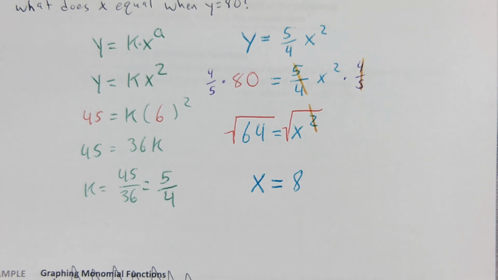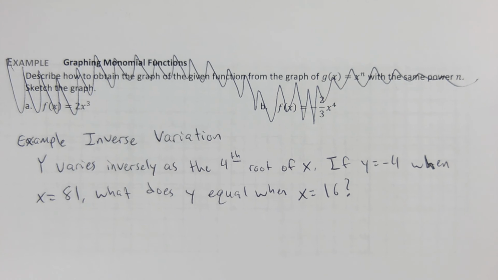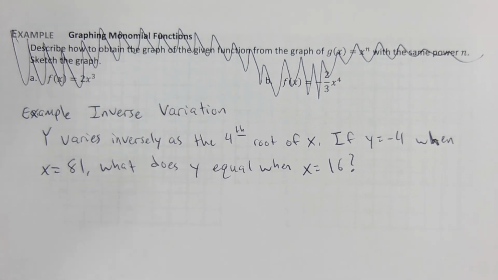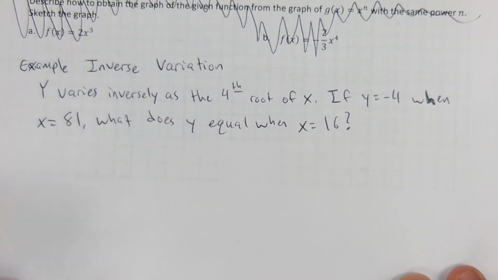All right. Next example, last example, inverse variation. So once again, scribble out what I have there, and we're going to write in this question. We have that y varies inversely as the 4th root of x. Since it says inversely, this means k over x to the a.